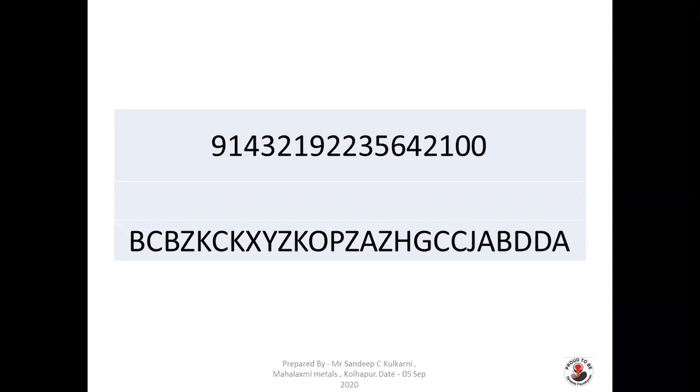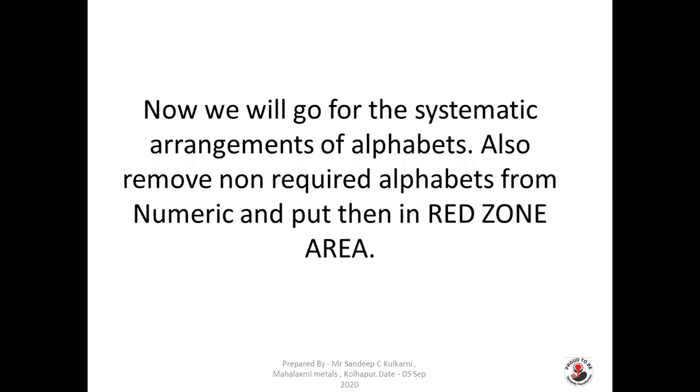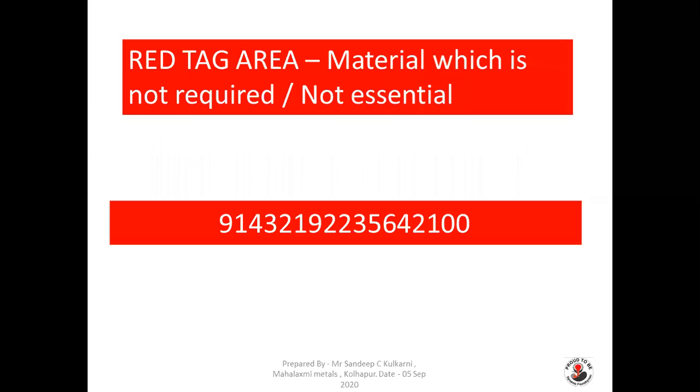What we have done is sorting of required and non-required, that is essential and non-essential, material from the workspace. At the same time, we will shift those numerics which are not required to the red zone area. So you can see numerics are now shifted to the red zone area, which is for non-essential or not required material. So now what remains is the alphabets.